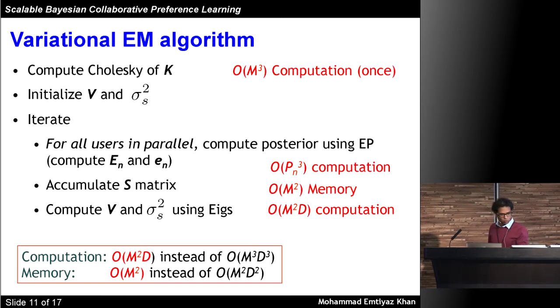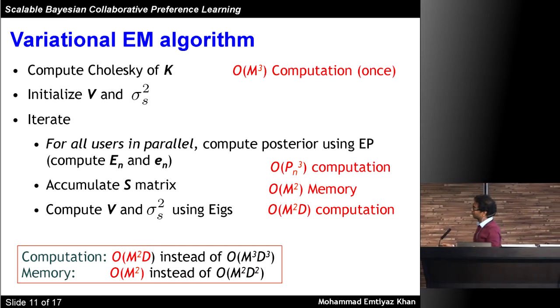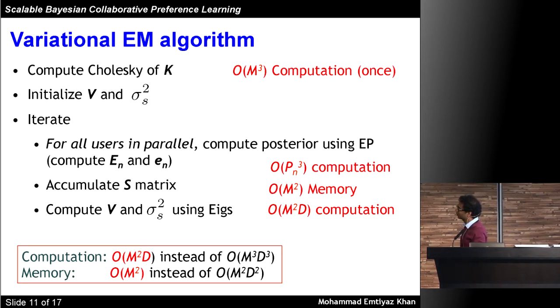So how does the overall algorithm look like? Well, here it is. The first line is the most expensive one, and I'm really sorry for that, but there are tricks that you could do to get rid of this problem. You have to compute the Cholesky of the kernel matrix first, but you only have to do it once if you fix the kernel matrix. Then you initialize your parameters.